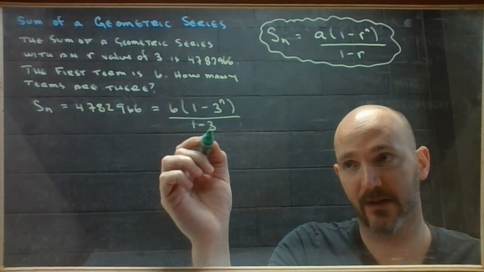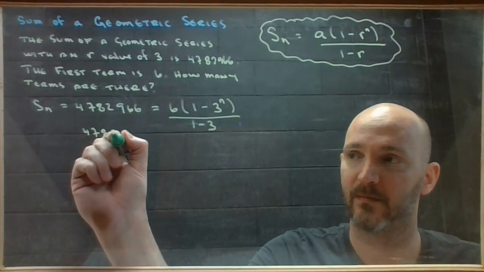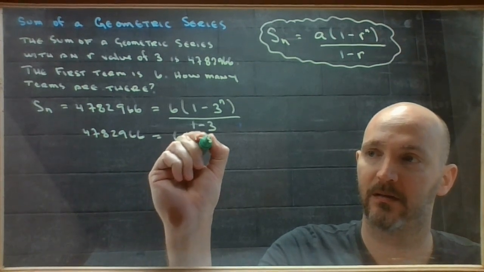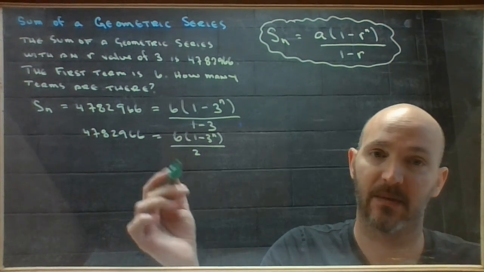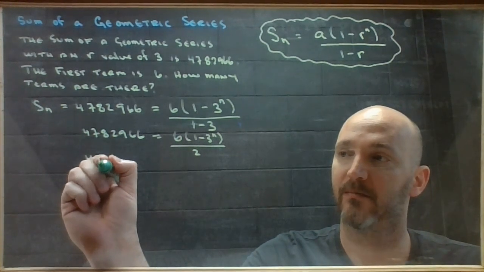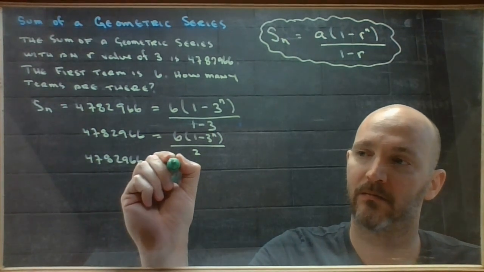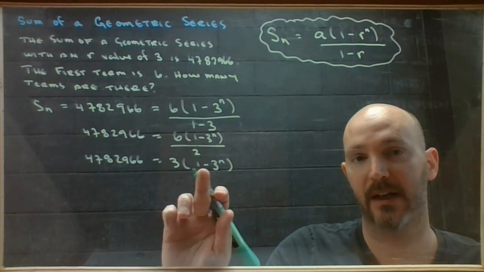First off, I can do 1 subtract 3. That gives me negative 2. And I can do 6 divided by negative 2 to give me negative 3. But I cannot combine these two terms.